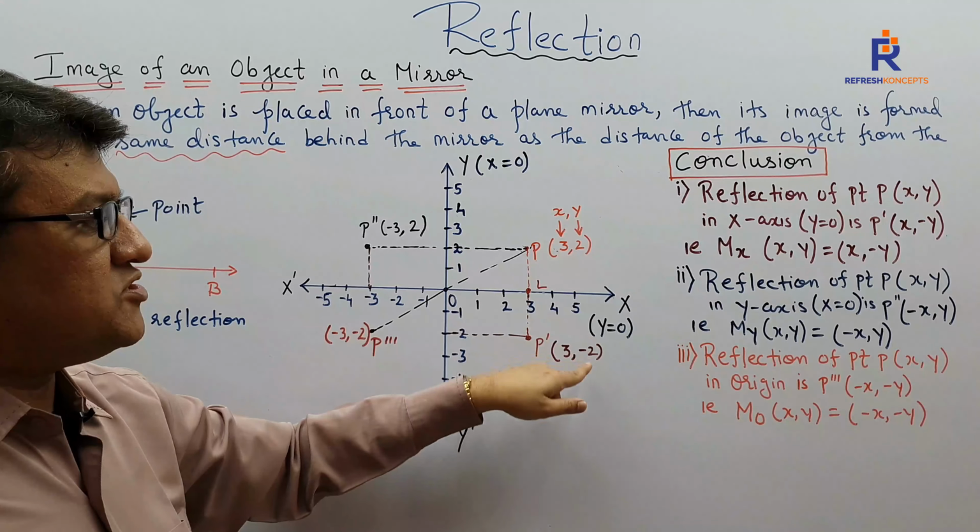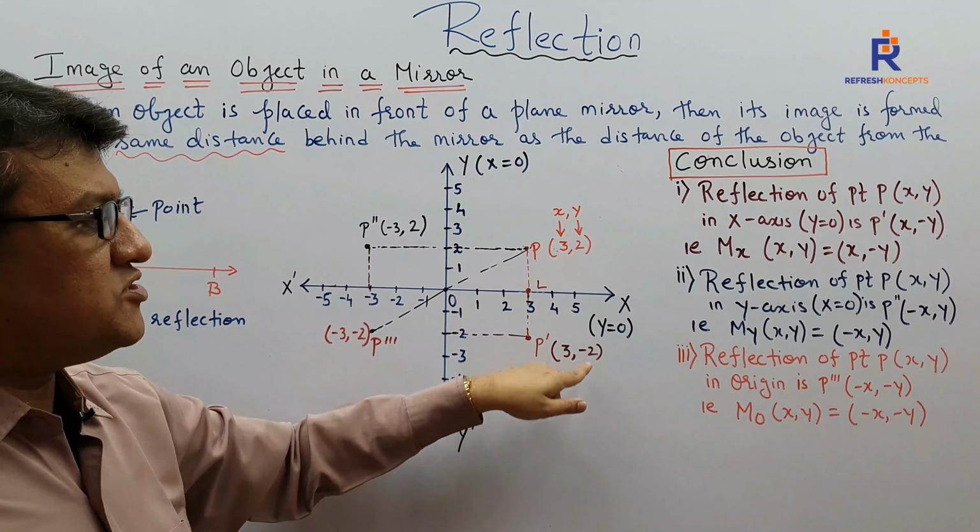So if this is my original point P, whose coordinate is 3, 2, on reflection along y-axis or x equals to 0, I get P double dash. When I try to plot it, I do get the coordinates as minus 3, 2. So what do I see? My x coordinate changes, but my y coordinate remains the same.